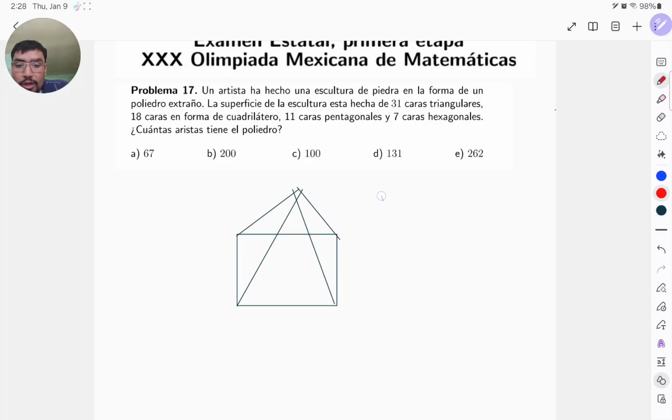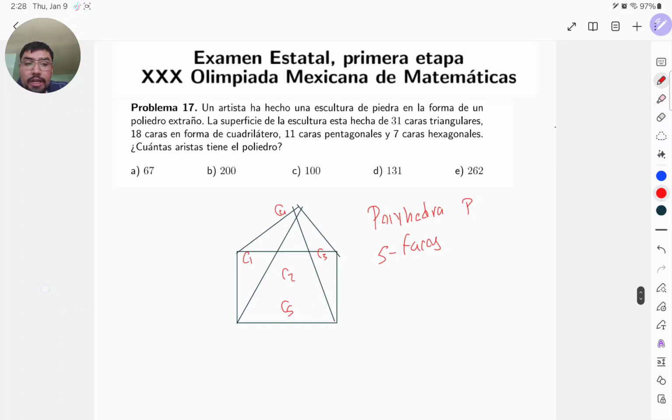This is a polyhedron P. In this polyhedron we have how many faces? C1, C2, C3, C4, and C5. We have 5 faces. But the key point is we are looking for edges.